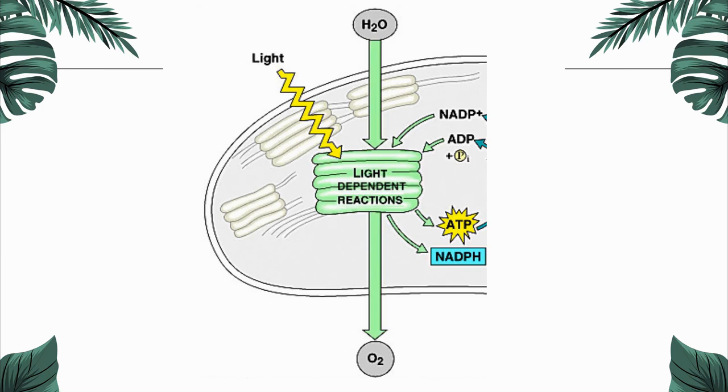We're charging up NADP plus and ADP. Once it's charged by that energy from the sun, it leaves ATP, NADPH, and oxygen is released out. That ATP and NADPH, those short-term storage molecules, need to go to the Calvin cycle to create glucose.